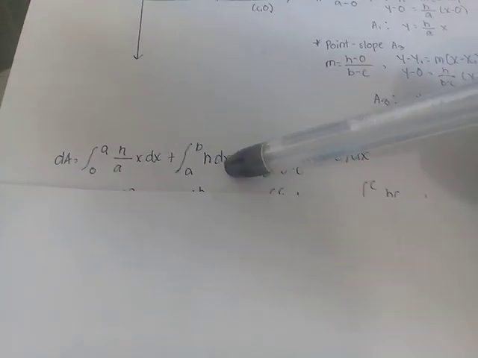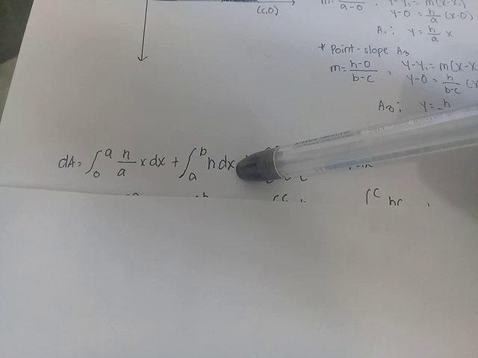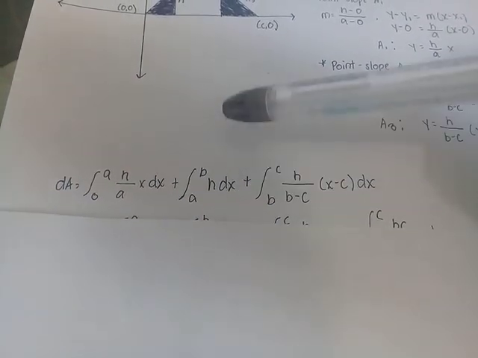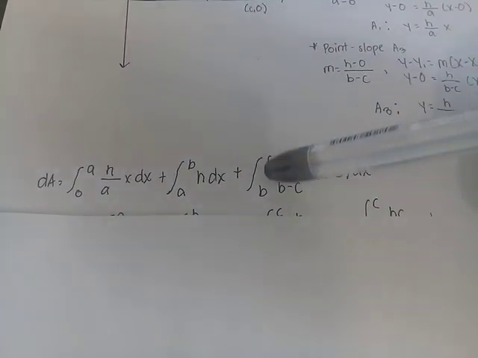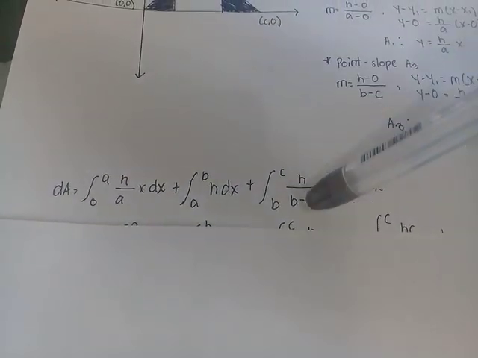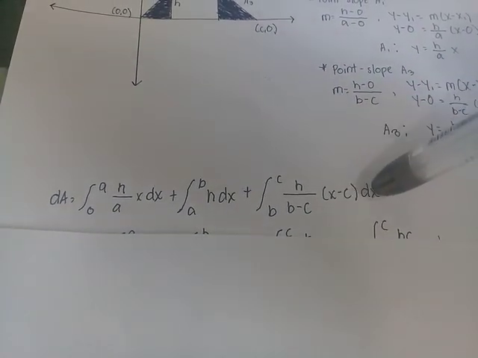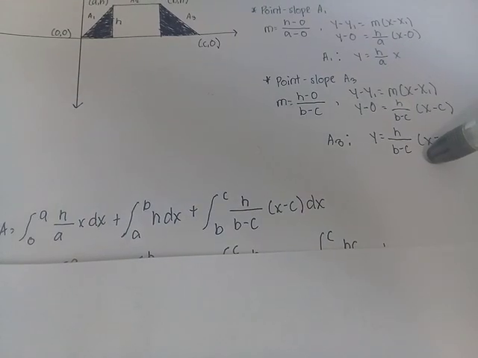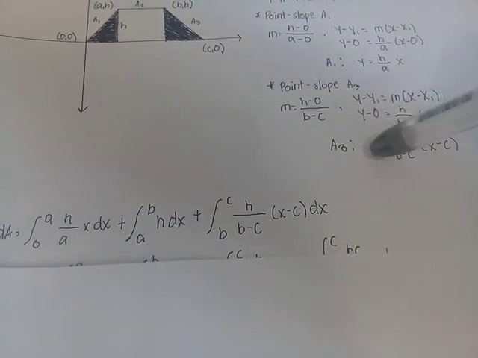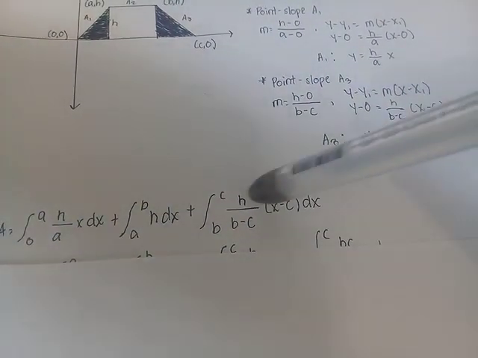Since we only have h and dx here, this is h only, plus the integral with limits b and c of h over b minus c, then for this one we will use the point slope of A3.